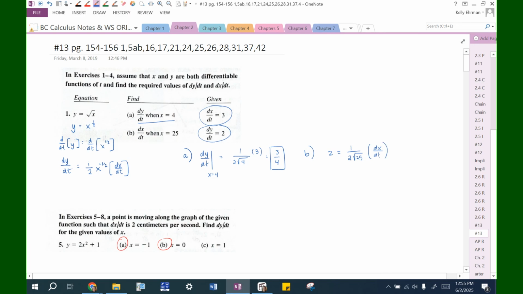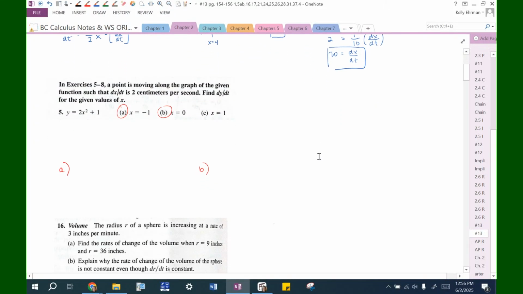So this is 1 over 2 times 5, so this is 1/10 times dx/dt. To get rid of 1/10, I will multiply by 10 over 1, so 20 equals dx/dt. Remember, the related rates problems are just putting words to this skill. Eventually, you'll just be taking the derivative with respect to t of an equation and plugging some numbers in.